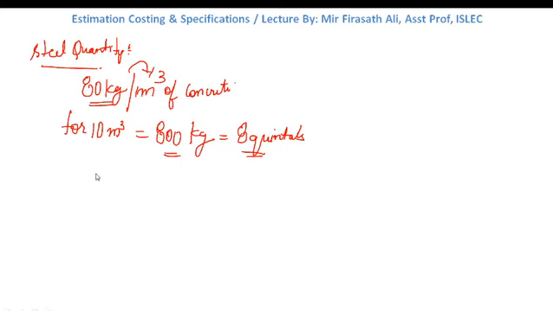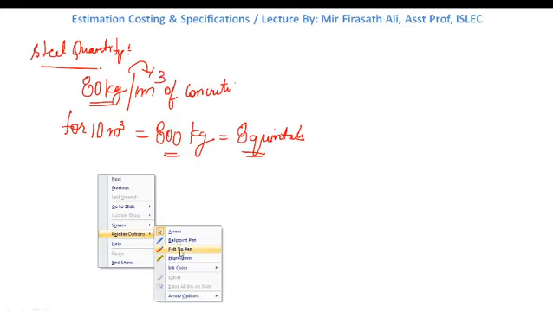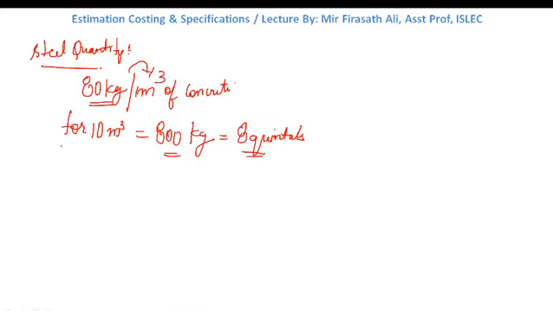The rate of steel in the market is around, if you take the average, 40 rupees per kg.